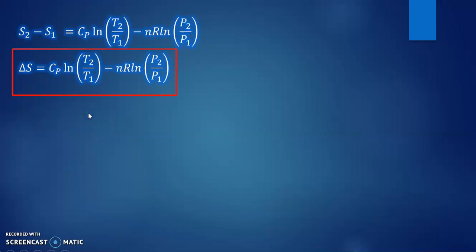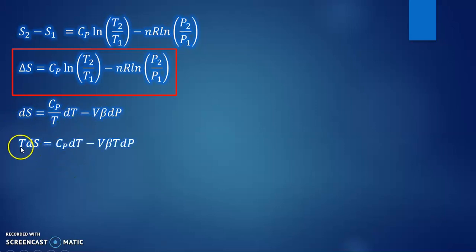Besides, this result that we get in here, if we return to the first equation, this first equation for dS, if we multiply both sides by T, we'll get that T dS is equal to Cp dT minus V beta T times dP.